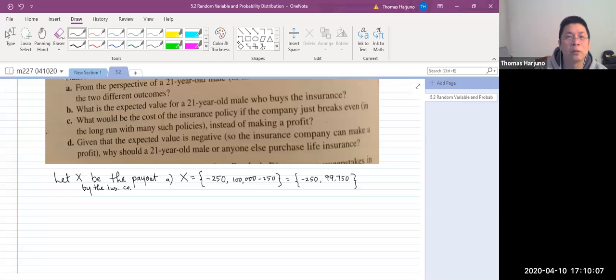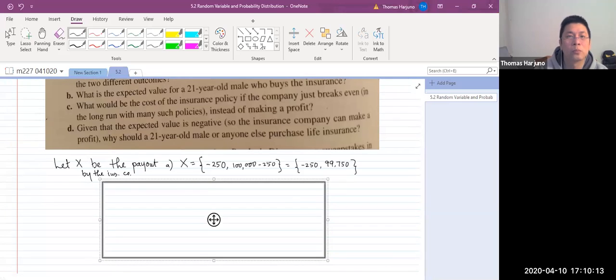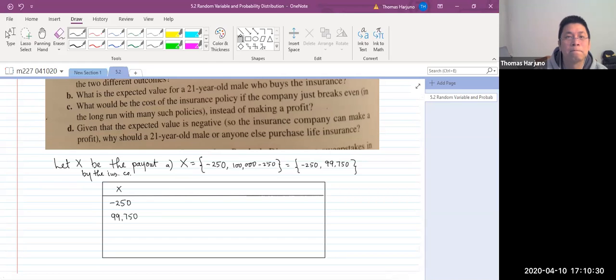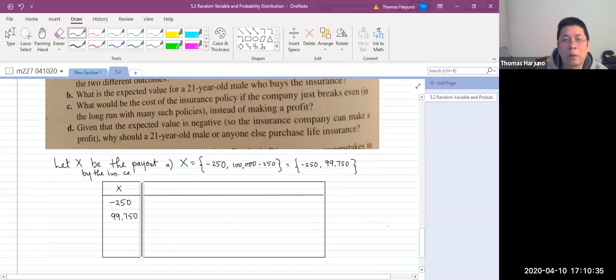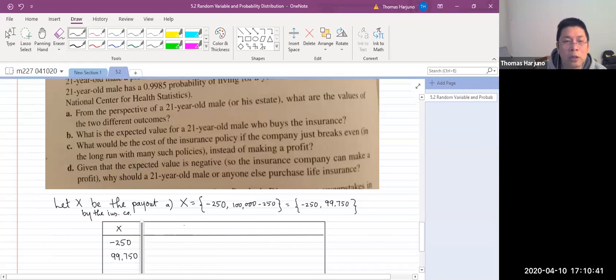Let me make it big this time because the number is quite big. This is the x, which is negative 250 and $99,750. The probability that he survived the next 1 year, living for 1 year, is 0.9985.